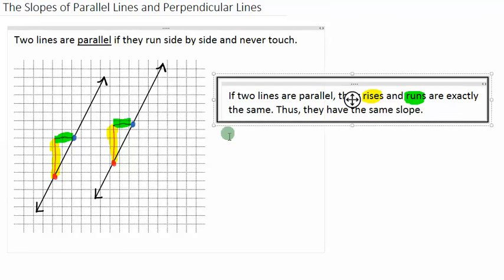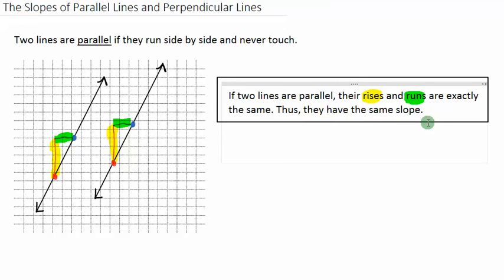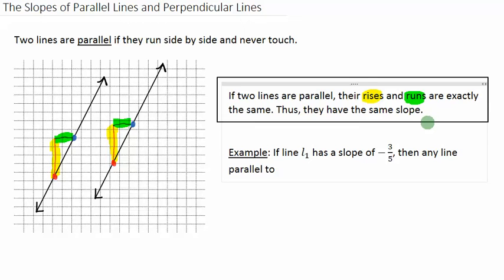So, for example, let's look at an example here. If line L1 has a slope of -3/5, for example, then any line parallel to L1 also has a slope of -3/5.